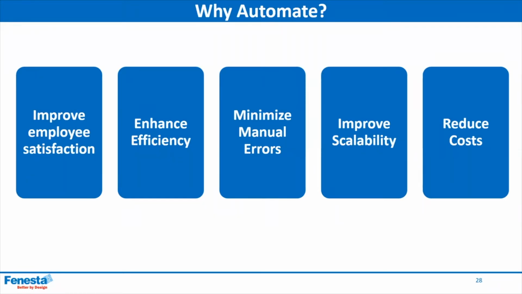These key 5 items that we've listed are the things that we've been able to derive out of the automations. One, improving employee satisfaction. We eliminate the tedious tasks that people do in their day-to-day lives. There are a lot of things we do on a manual basis, like having to follow up with a lot of people.